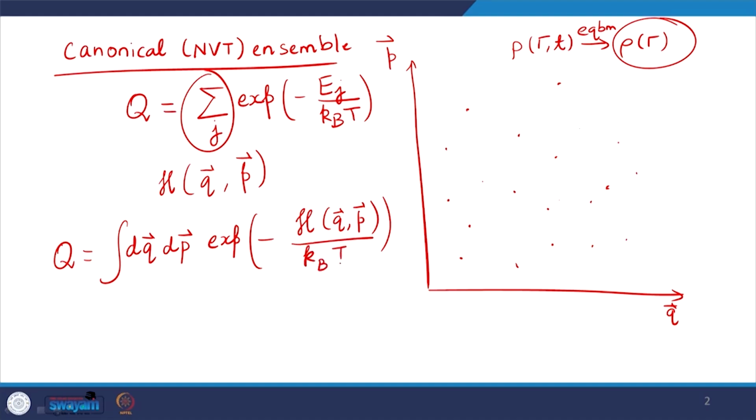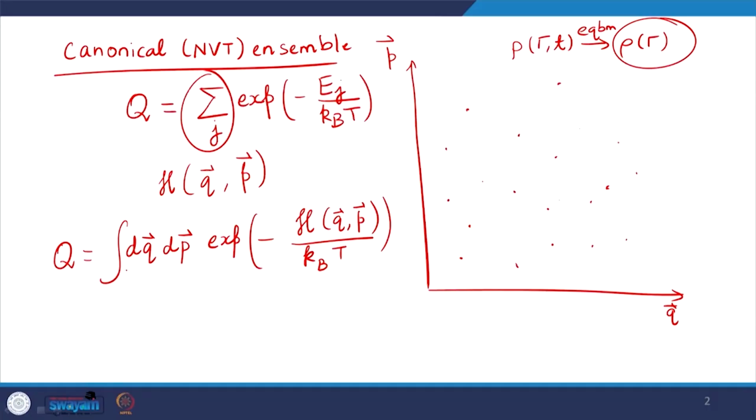It is pretty much the same as the previous expression, except we have replaced the summation by the integration. Since there are 6N variables in the problem grouped into 2, p and q, each containing 3N variables, I am integrating with respect to q and with respect to p, and this is essentially the Boltzmann factor, almost the same as there, except that I have replaced the discrete energies Ej with a continuous energy function as a function of q and p.